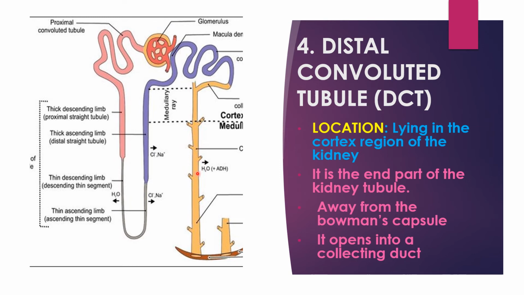This region we call the collecting duct. The distal convoluted tubule or DCT is the end part of kidney tubule or nephron, and it will open into the collecting duct.